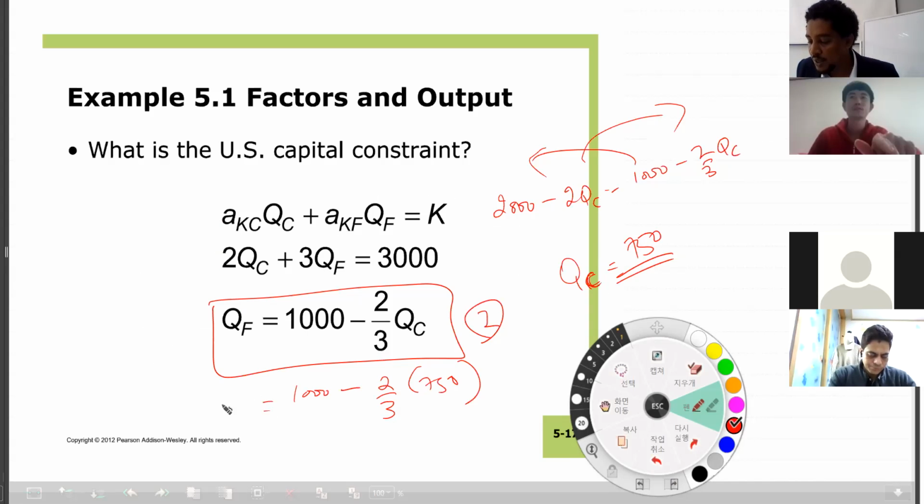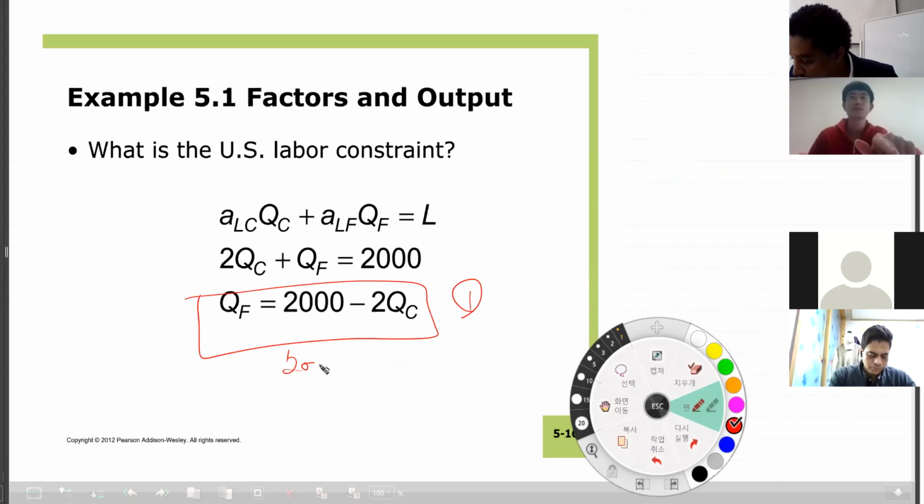That will give you the quantity of food. You can substitute 750 either here or here, and you will have the same answer. Minus 2 times 750, you will have the same. So QF is equal to 2,000 minus 1,500, then QF is equal to 500.